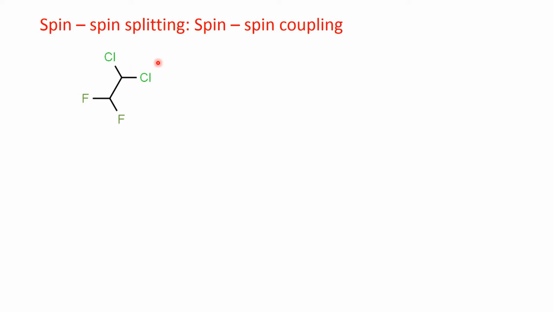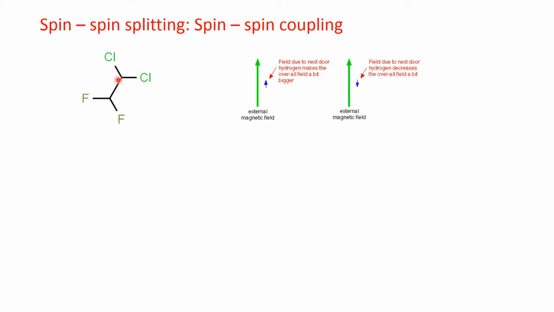How? Let's see. If the neighboring proton's magnetic field is aligned with the applied magnetic field, then the overall field strength will increase. In that case, this proton will experience more magnetic field, so it will absorb at lower magnetic field.